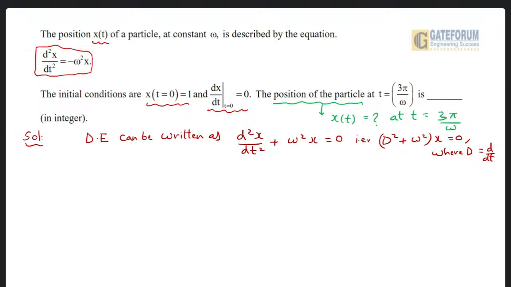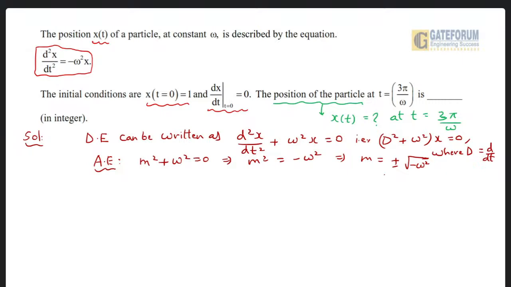Okay. Now, auxiliary equation, AE. Putting D is equal to m, or you can equate directly D square plus omega square to 0, finding D values. m square plus omega square is 0. m square is equal to minus omega square. Shift omega square to the right side. Now shift the square to the right side, it will become plus or minus root over minus omega square. Omega square square root is omega, root minus 1 is i.